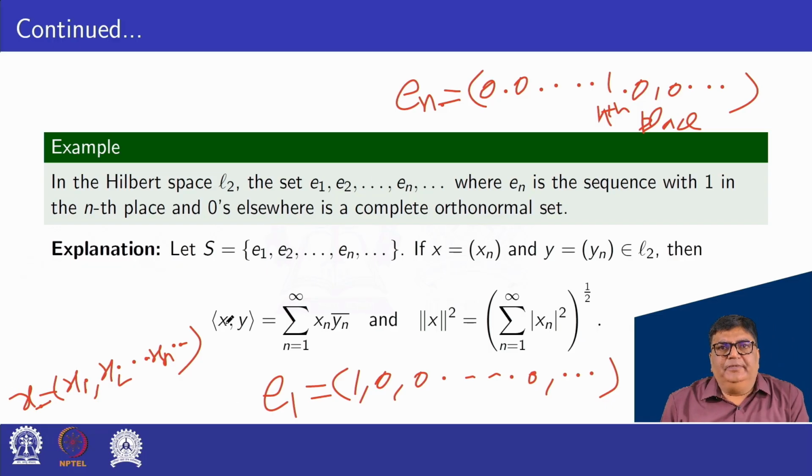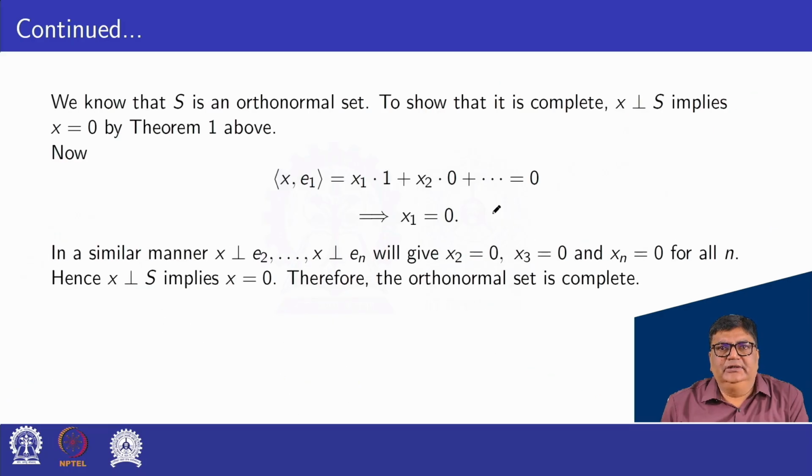So inner product of x and e1 is x1 into 1 plus x2 into 0 plus and so on, xn into 0 plus and so on. This implies that x1 is equal to 0. In a similar manner, x perpendicular to e2 and so on, x perpendicular to en will give x2 is equal to 0, x3 is equal to 0 and so on, xn is equal to 0 for all n. Hence, x perpendicular to S implies x is equal to 0.